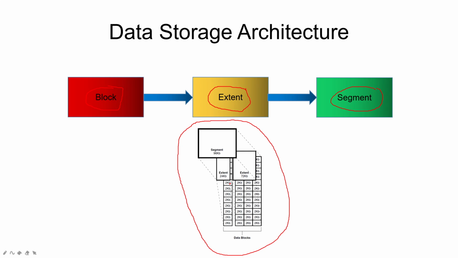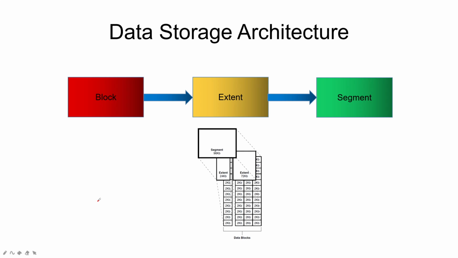So this is the number of blocks that forms an extent. Now these extents in turn form a segment. So this is the segment that you can see here: 24 kilobytes and 72 kilobytes, so then it is 96 KB. This is the segment, right? So this is how it stores the data. This is the hierarchy, in fact. So hope that's pretty much clear.